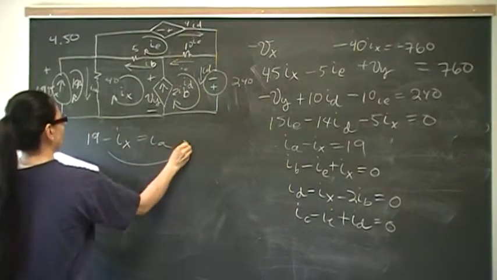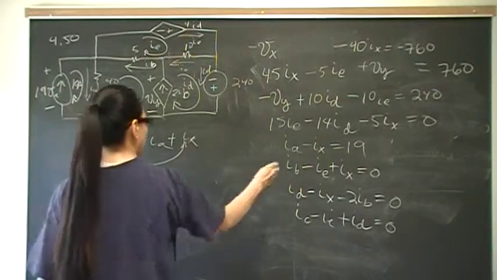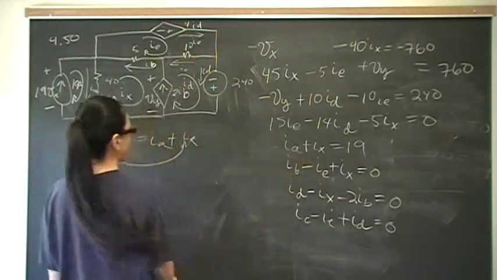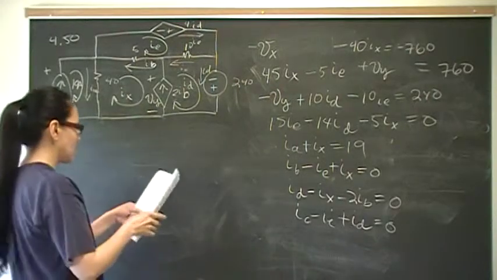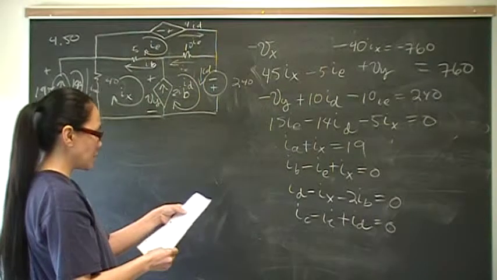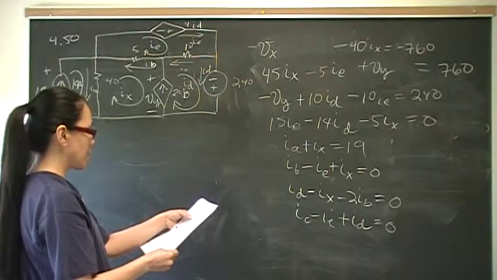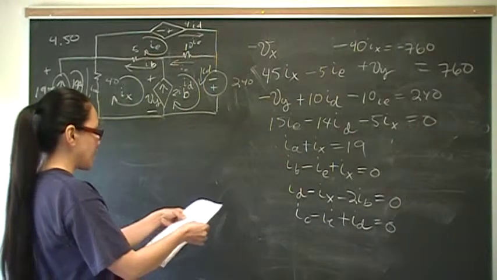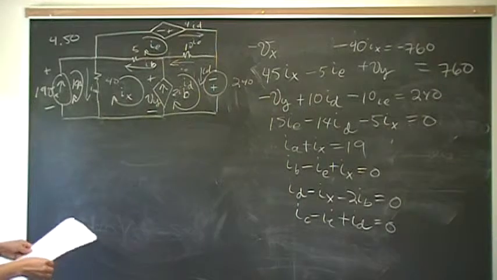Bring the IX over here, so this should be a plus. IA plus IX is equal to 19. Okay. The next one is IB minus IE plus IX is equal to 0. IC minus IE plus ID is equal to 0. ID minus IX minus 2IB is equal to 0.